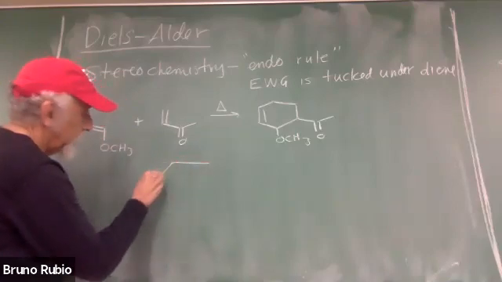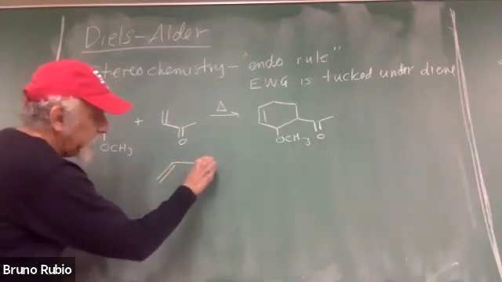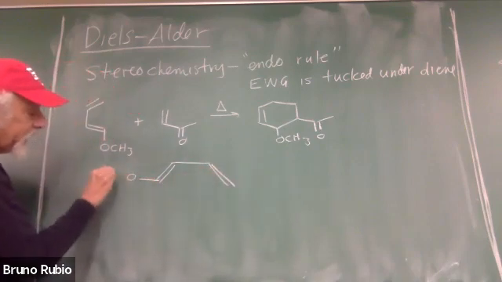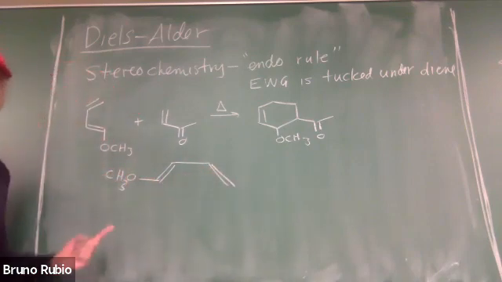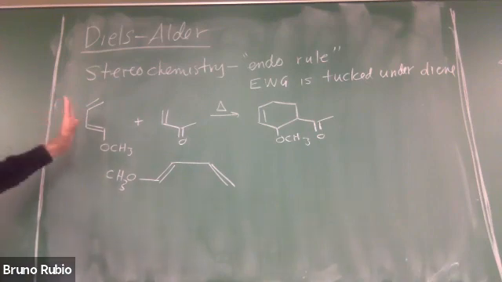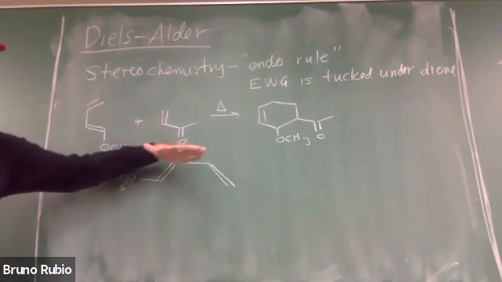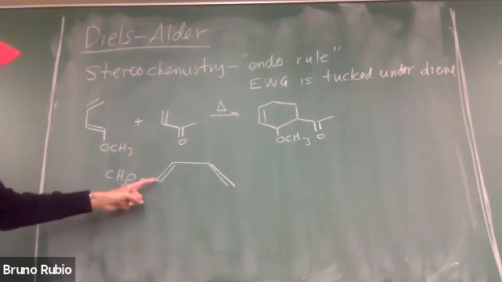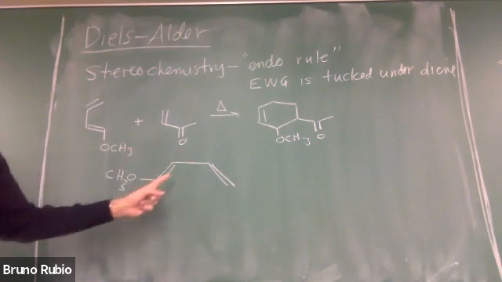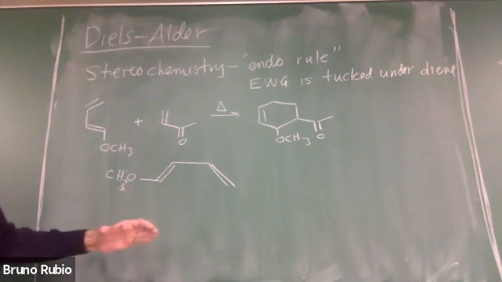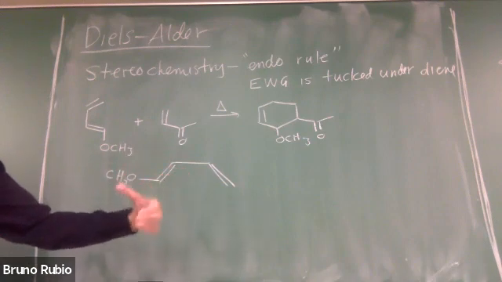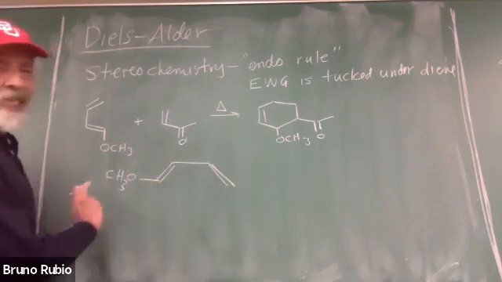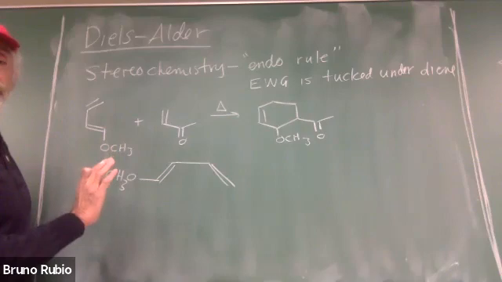Here's the diene. There's the diene. Okay, all I've done is I've taken this diene, which was like up and down, and now I have flattened it out, right? We see that the double bonds of the diene must adopt this C-shaped looking thing, right? This is called the s-cis conformation.